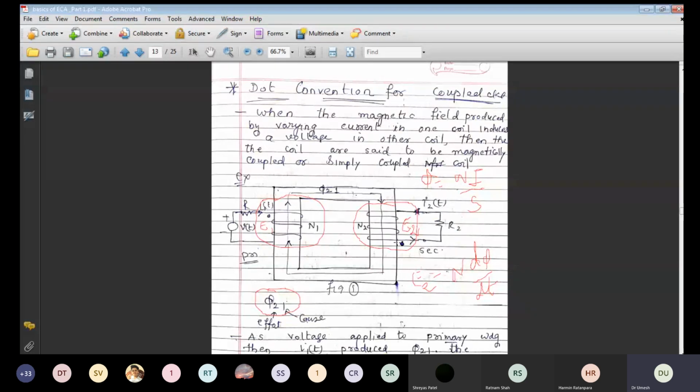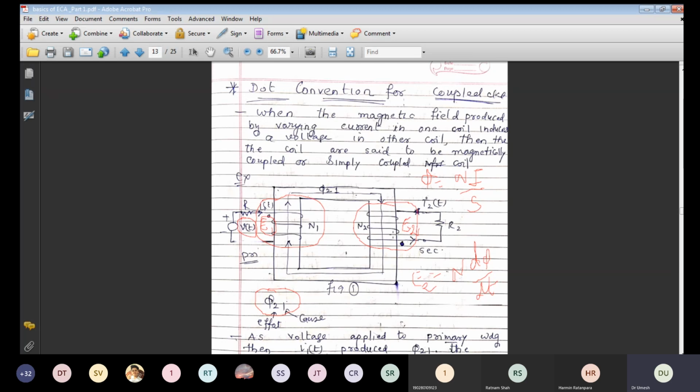Now here we can say there are four voltages. One is the applied voltage. The EMF induced by its own winding is known as the self-induced EMF. The EMF induced in the secondary winding is known as the mutual induced EMF. And V2 is known as the terminal voltage.